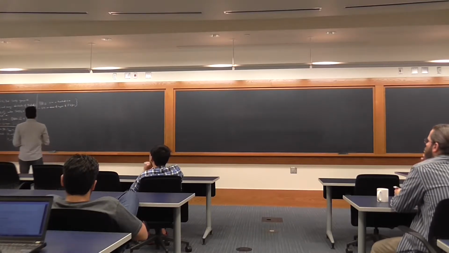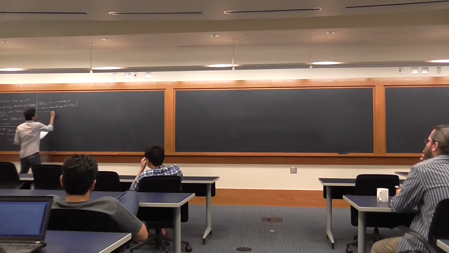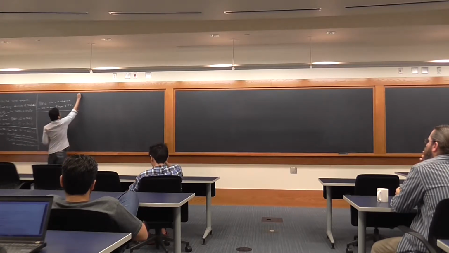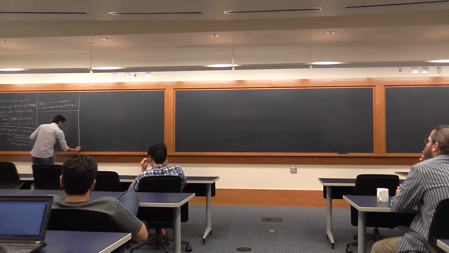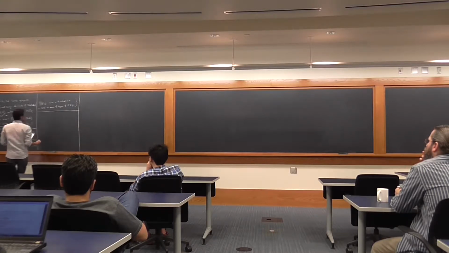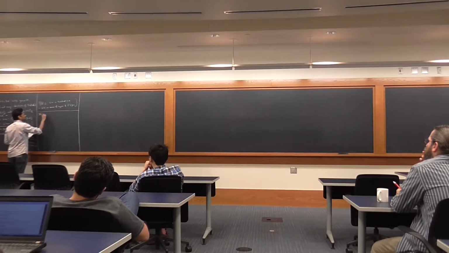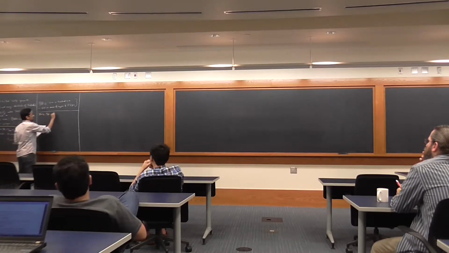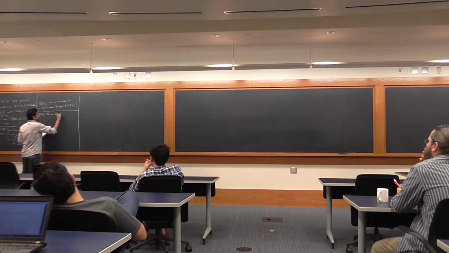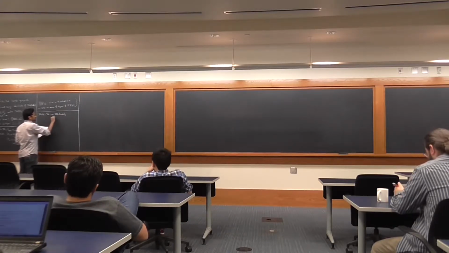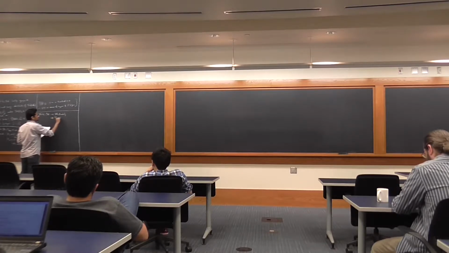Now, N=4 theories are known to have some really interesting IR dualities. One of the classic ones in this category of dualities is what is known as mirror symmetry.